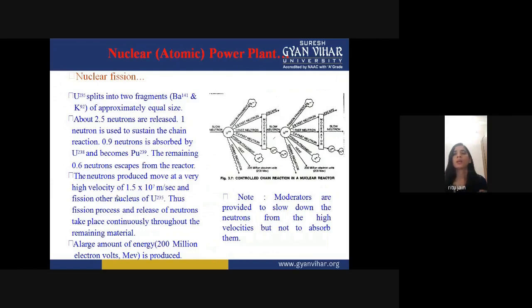So the chain is in continuous mode, and we use a moderator, as you can see over here, which is going to slow down the chain reaction of this uranium, but it is not going to absorb any kind of neutrons. Okay, so this is your nuclear fission.